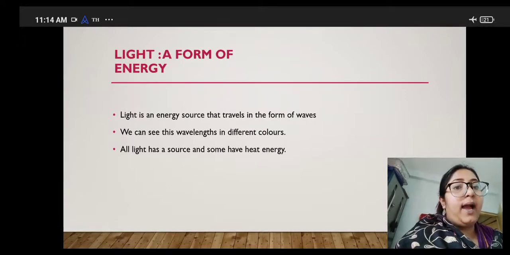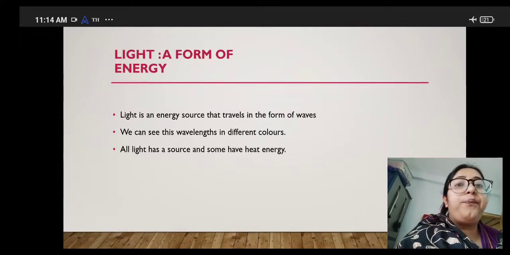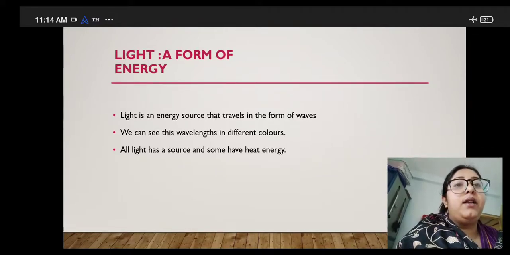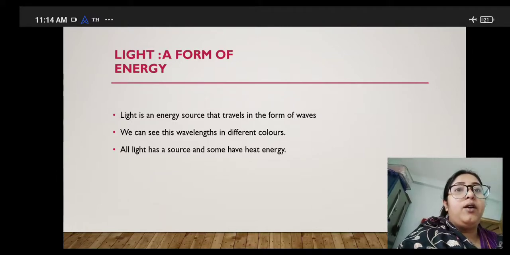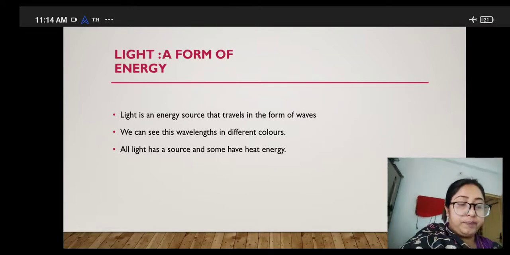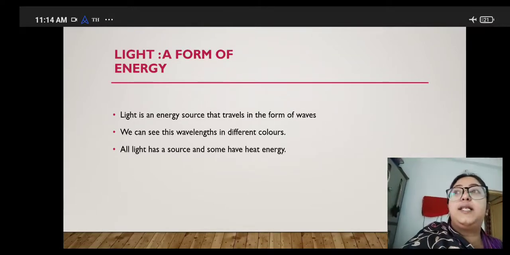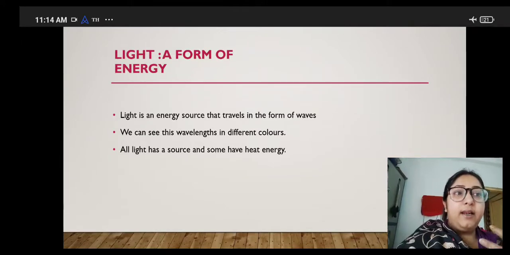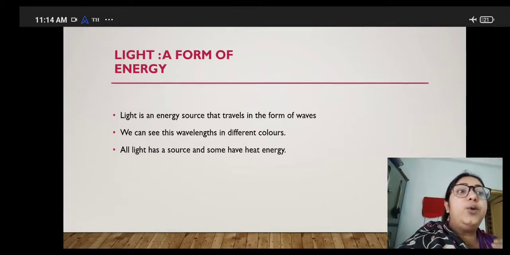And we can say that some light has heat energy. It is very easy to experiment: when a bulb is glowing, after some time if you touch the bulb, you can see that the bulb is heated. That means light energy gets converted into heat energy.